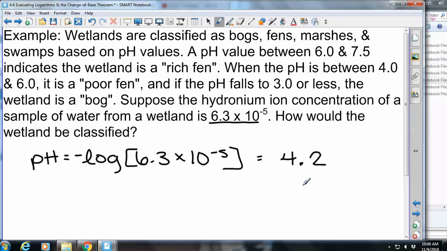Okay, so 4.2 for your pH. So then, how do we classify it? Poor fen. Alright. So far, so good?